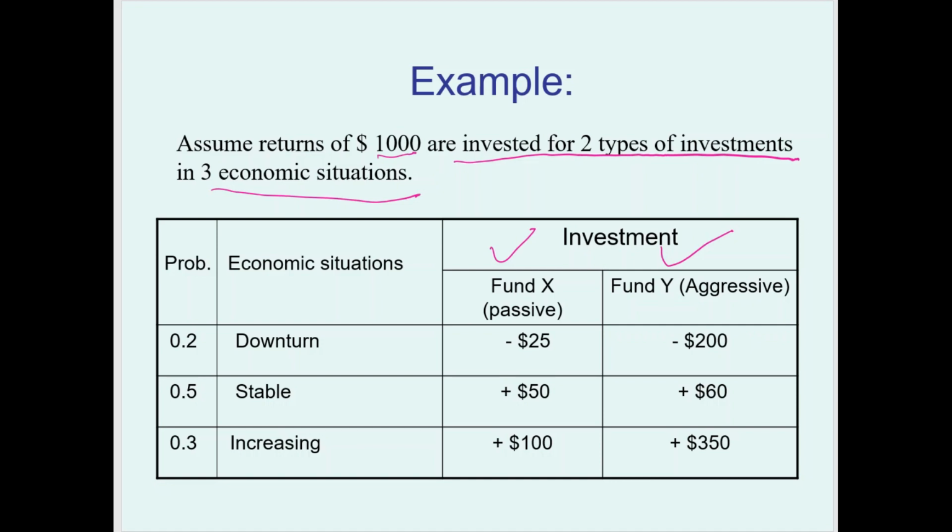For each event, we have given the probability of each event, and we have all the expected outcomes or returns for each category here.